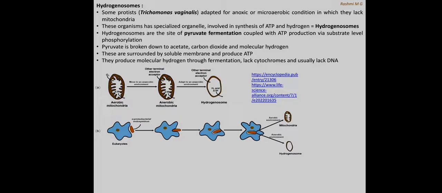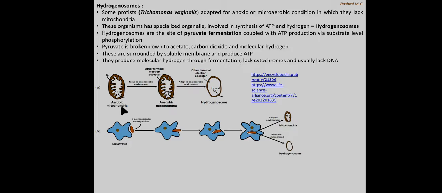So these organisms have a specialized organelle involved in synthesis of ATP and hydrogen, and that organelle is known as the hydrogenosome. Hydrogenosomes are the site of pyruvate fermentation coupled with ATP production via substrate-level phosphorylation. Pyruvate is broken down to acetate, carbon dioxide and molecular hydrogen. These are surrounded by a double membrane and produce ATP. They produce molecular hydrogen through fermentation, lack cytochromes and usually lack DNA also.